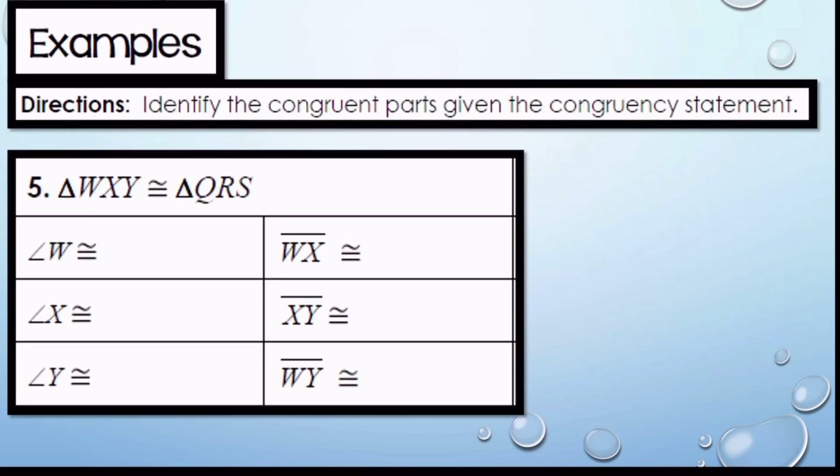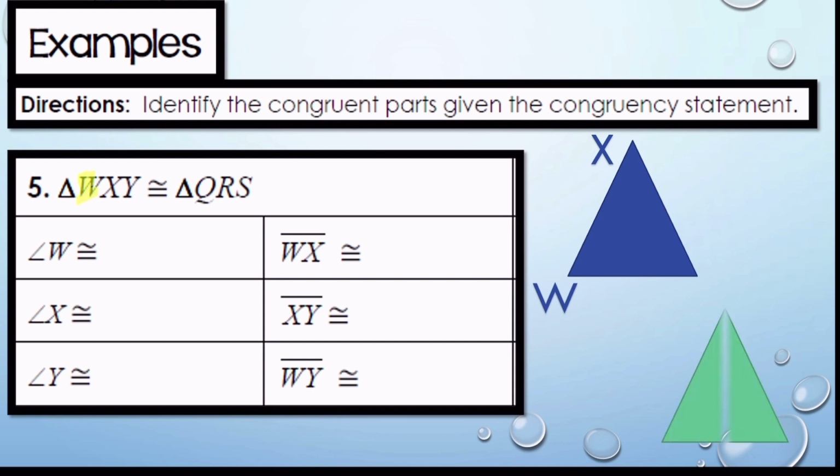So if we were to go identify congruent parts, you're going to hear me say this a lot: when in doubt, draw it out. I've got a triangle, and they told me it's angle W. See how W came first, right here, and then I've got X coming next.